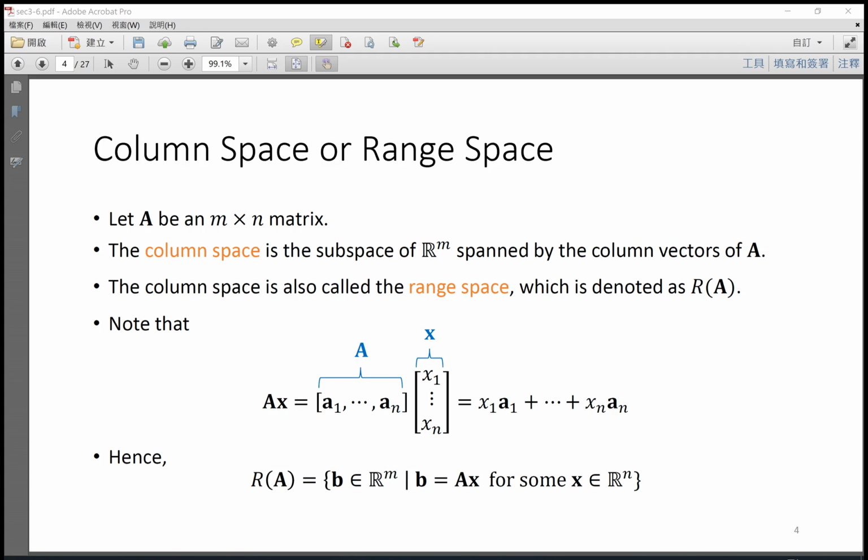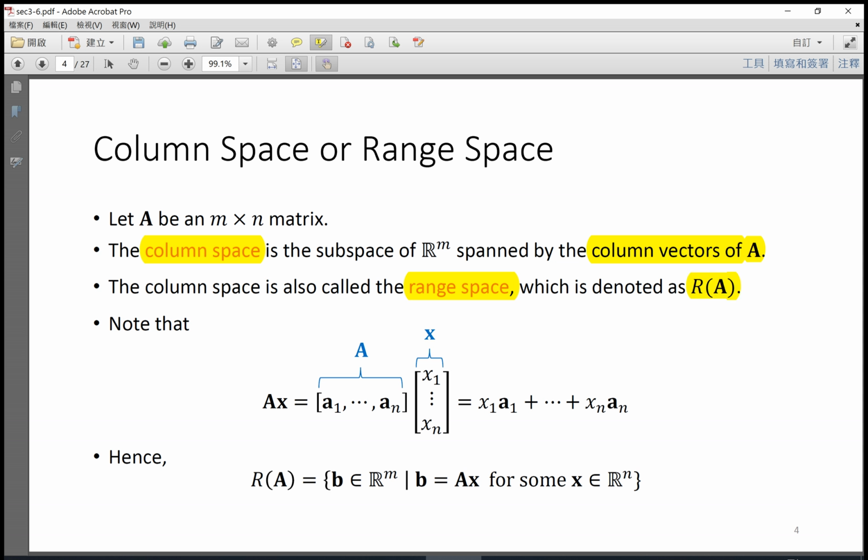In this slide, I will rephrase the definition of column space in terms of mathematical language. Recall that the column space is the collection of the linear combinations of column vectors of A, and the column space is also called the range space, which is denoted as R(A).